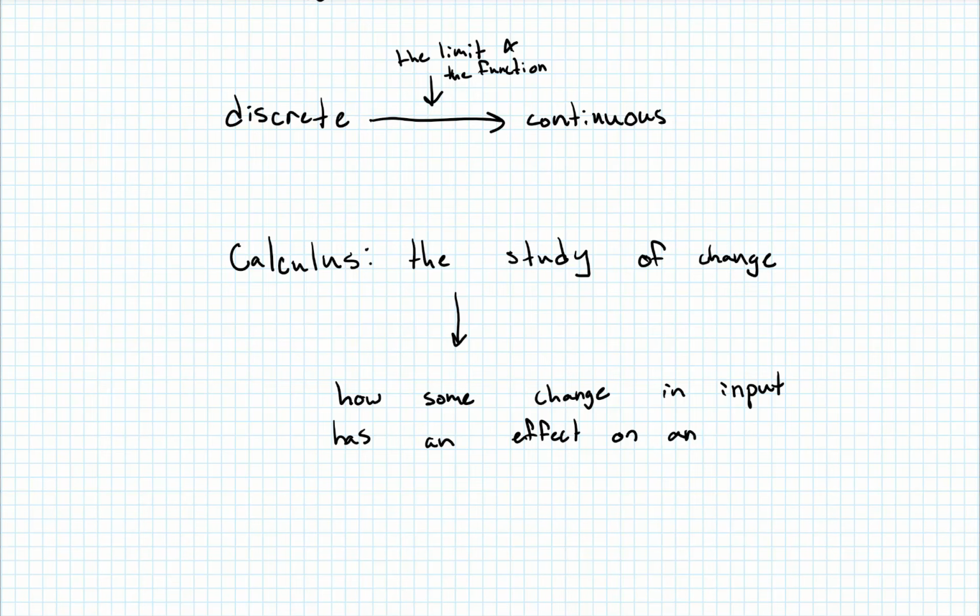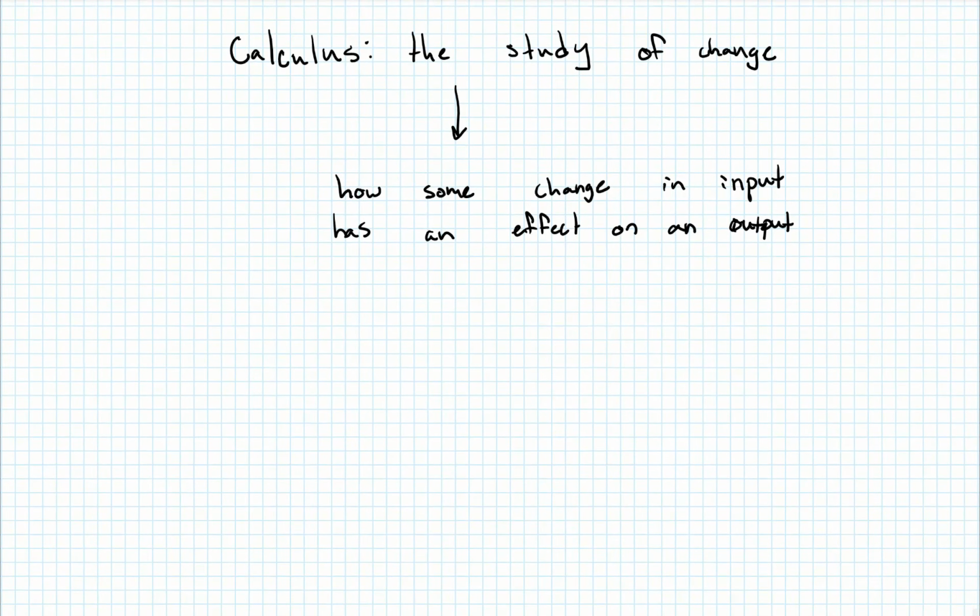And the way we do that is with the limit, because the limit tells us how varying an input around a certain area will affect the output. And that's what calculus is all about. It's all about that study of change, how some change in input has an effect on an output.